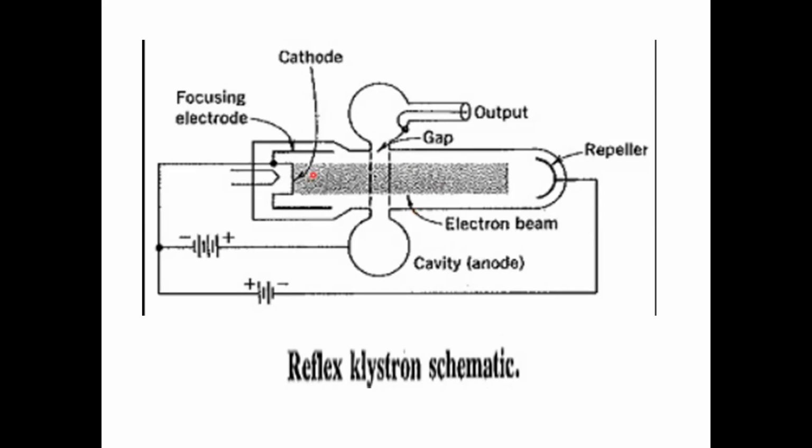Similar to the two cavity klystron and multi cavity klystron, from the electron gun the electron which has the highest velocity is called the early electron. The electron which has moderate speed is the reference electron. Similarly, there is the late electron.